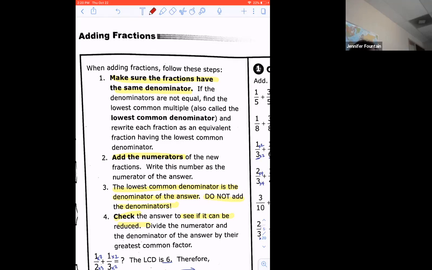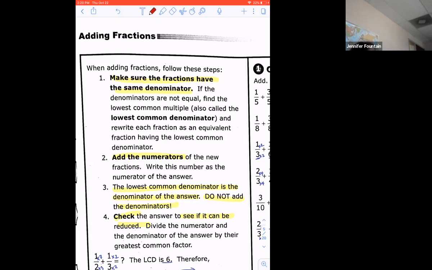Number 2 says add the blank of the fractions and keep the blank the same. What do you add? The numerators. Good. Add the numerators of the fractions and keep the denominators the same. Good.